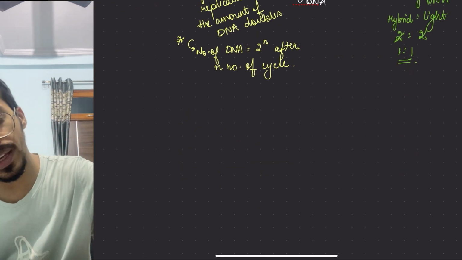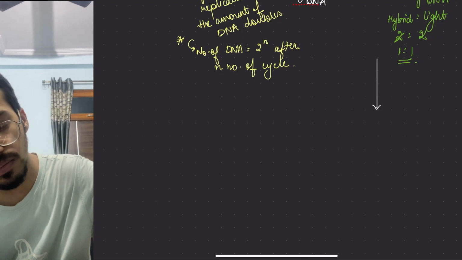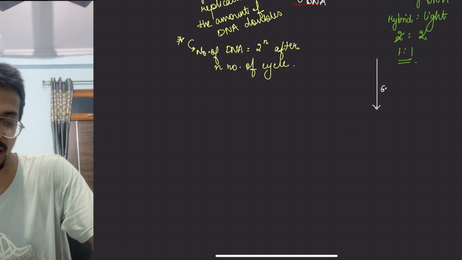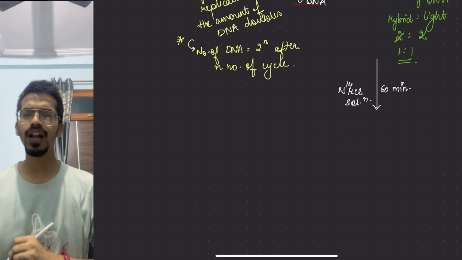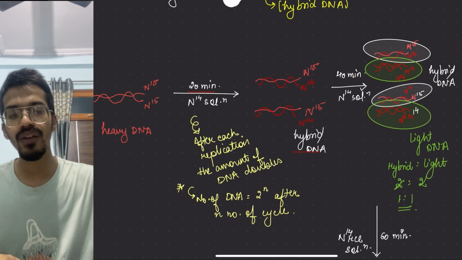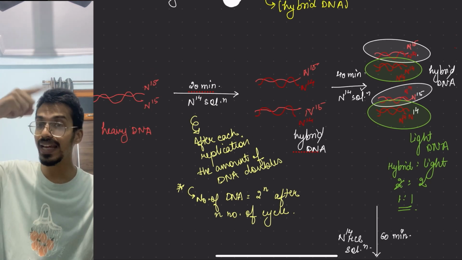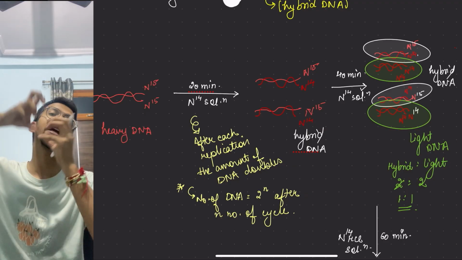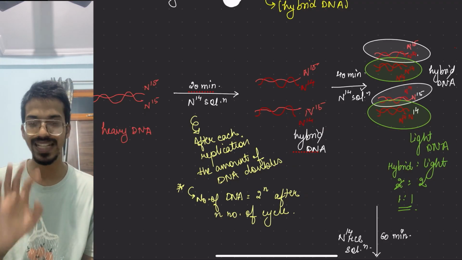So here, what are we going to do? If you understood this, you are able to do anything. Now 60 minutes are done, keeping it in the N14 Cl solution. Now what will happen? N14 will be incorporated into the new strands. We already have a total of 4 DNA molecules, meaning 8 strands. So now we will individually make the 8 strands corresponding to what has been given to us.